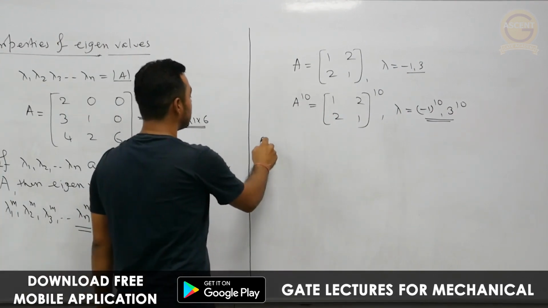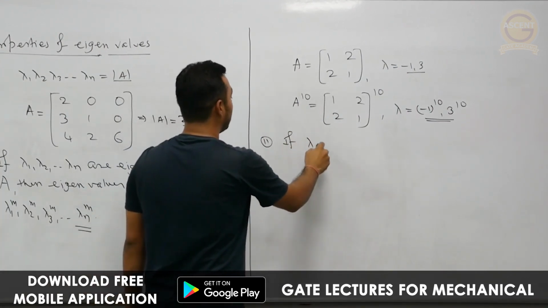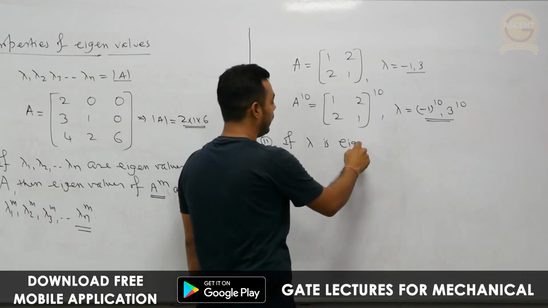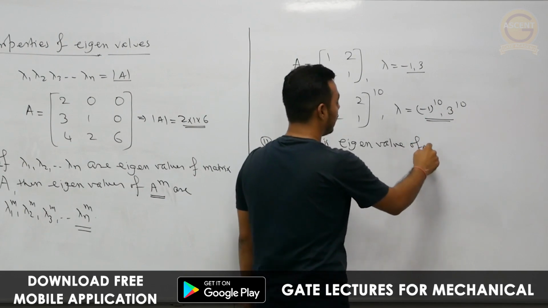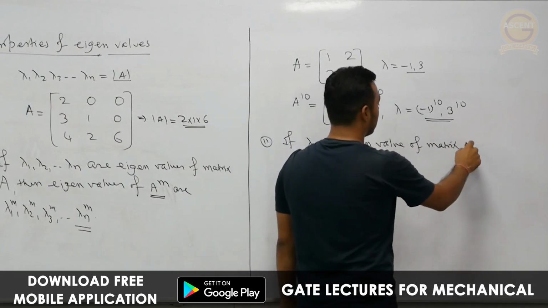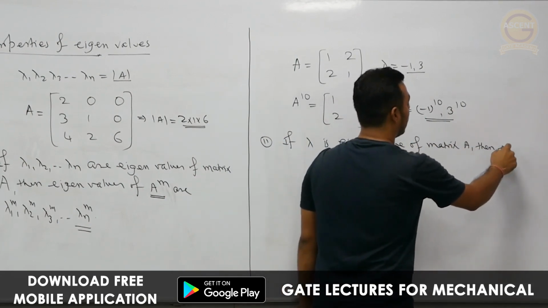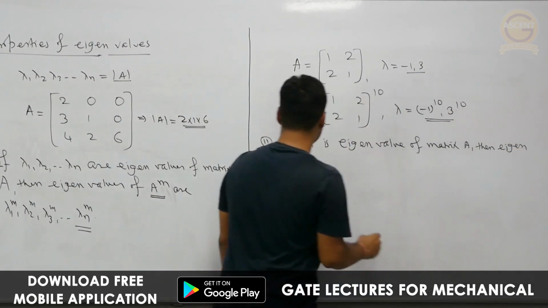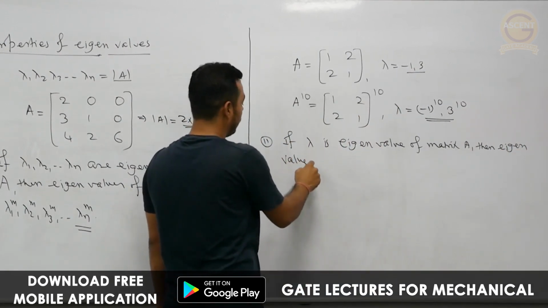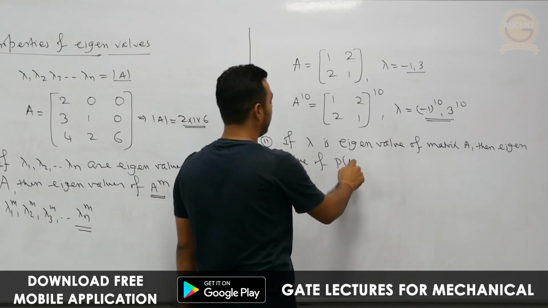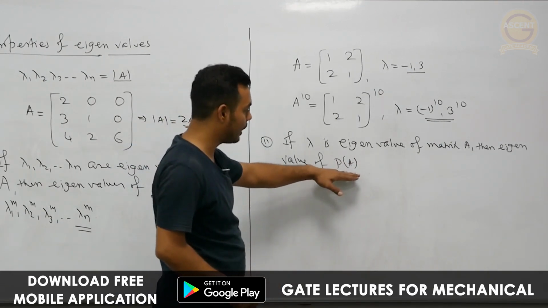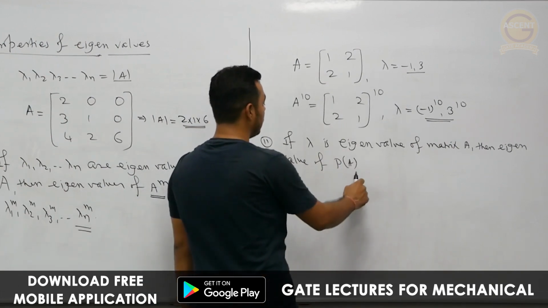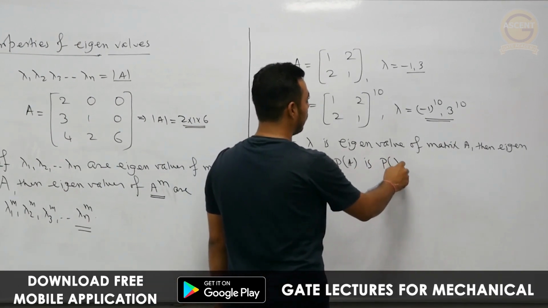The second part is: if lambda is an eigenvalue of matrix A, then the eigenvalue of a matrix which is some polynomial in A is P of lambda.